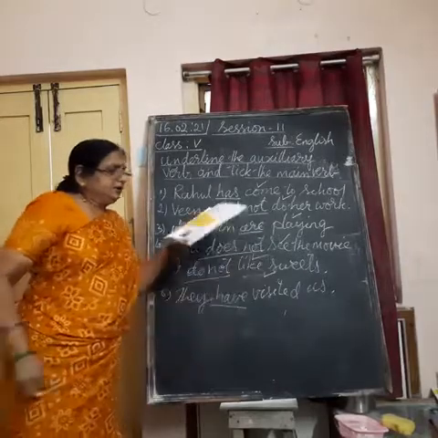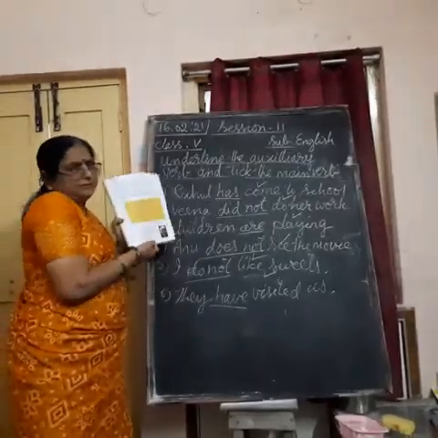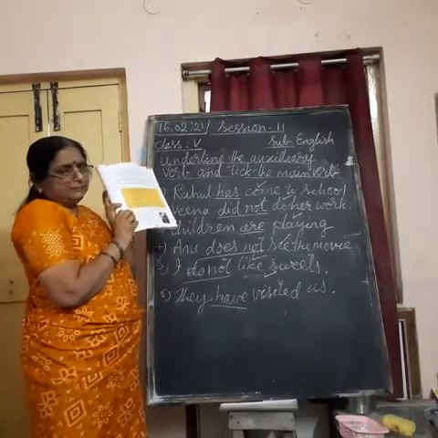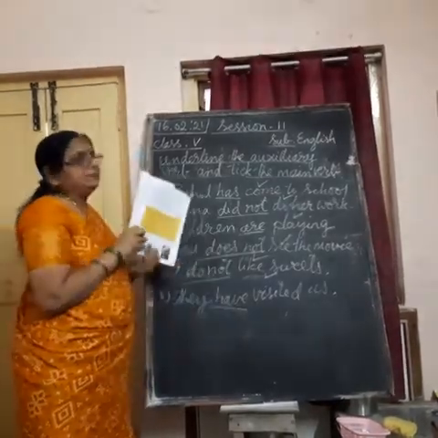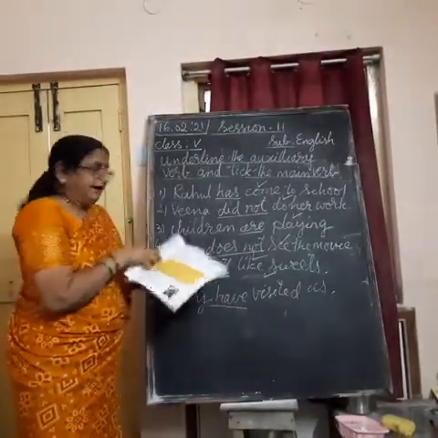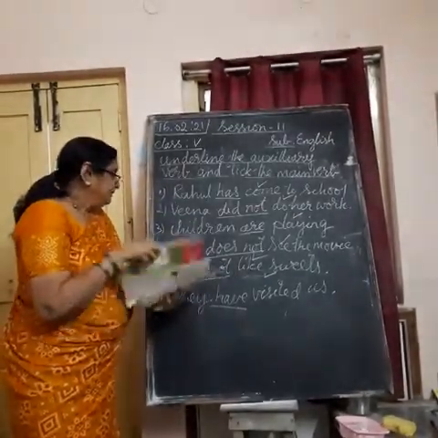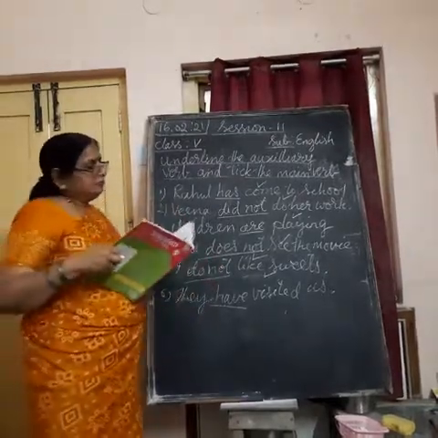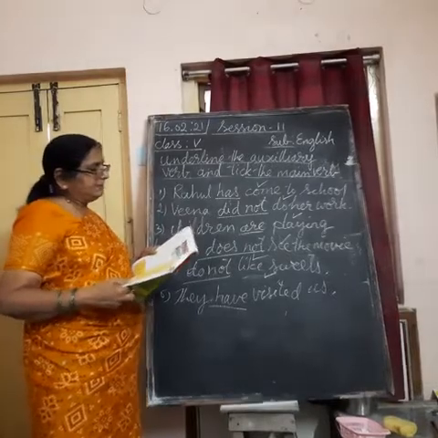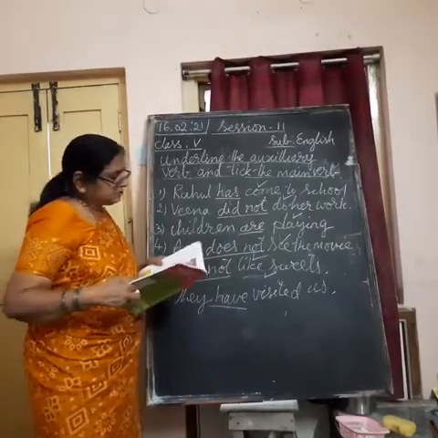In this way, you are having one exercise here on page number 65 at the bottom. Tick the main verb and underline the auxiliary verbs. You are doing it. Okay. And on the back side, we have one more exercise. Fill in the blanks with the correct form of the verbs given in the bracket to complete this story.